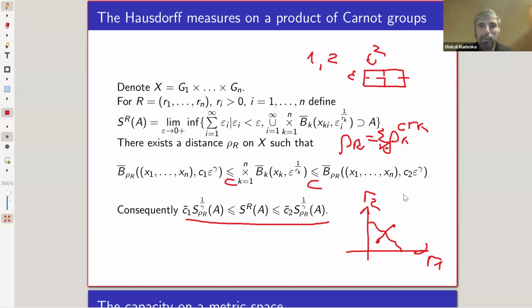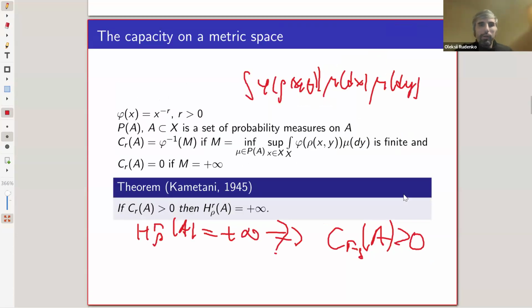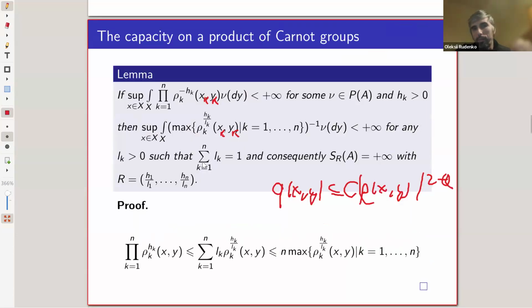At least in theory, I think it's appropriate in this situation because of this lemma. If we have this condition, then we have not one but a series of relations with Hausdorff measures. And the proof, of course, uses this theorem of Kamitani and this inequality. This is just trivial.